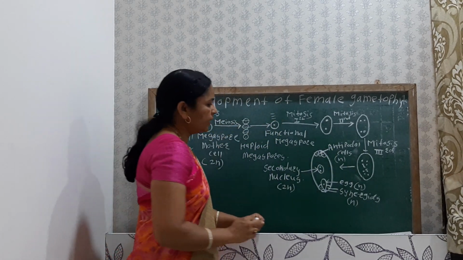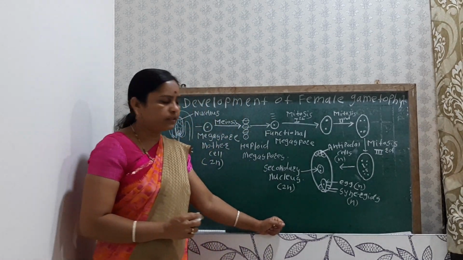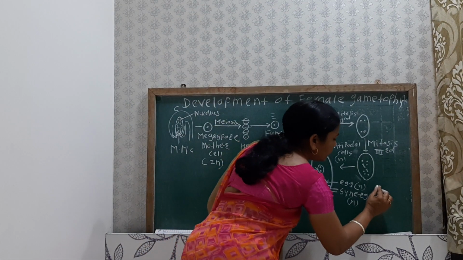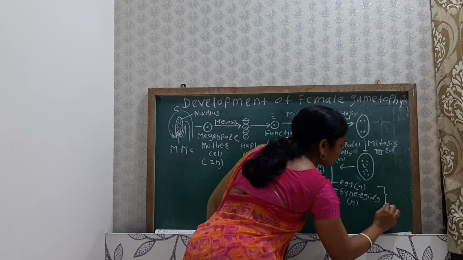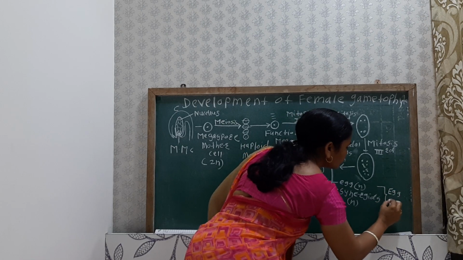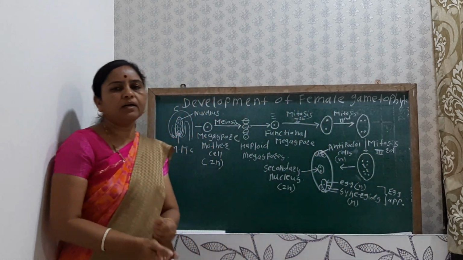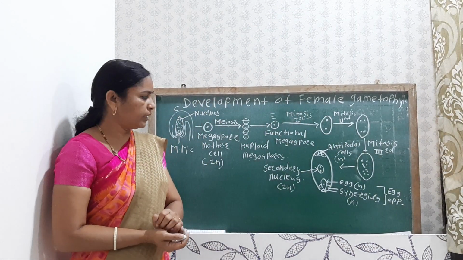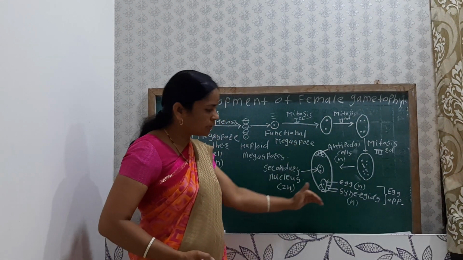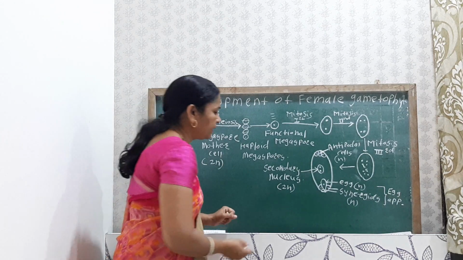This egg and the synergids together are known as the egg apparatus. And this whole structure is known as the female gametophyte.